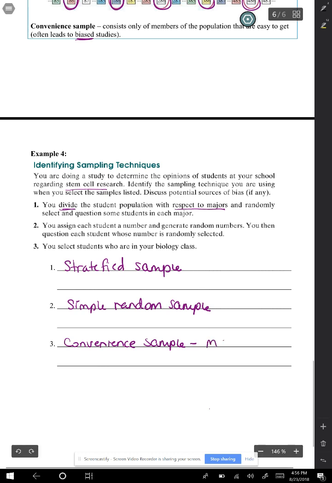So this would maybe be biased because biology students may be more familiar with stem cell research. So therefore, that might affect their answers.